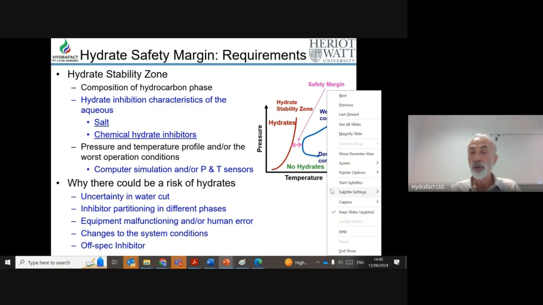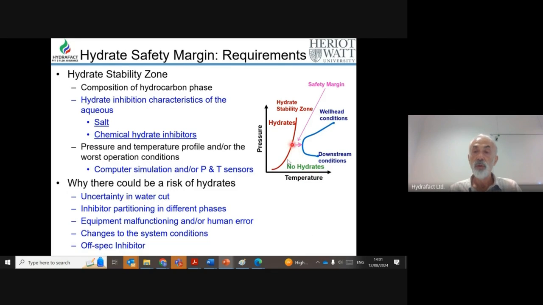So the key point is to keep the pipeline condition outside the hydrate phase boundary, or to a certain amount inside. That's a different issue. But in general, this is the hydrate phase boundary.